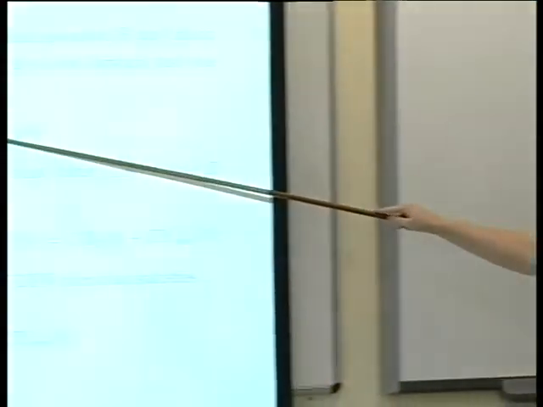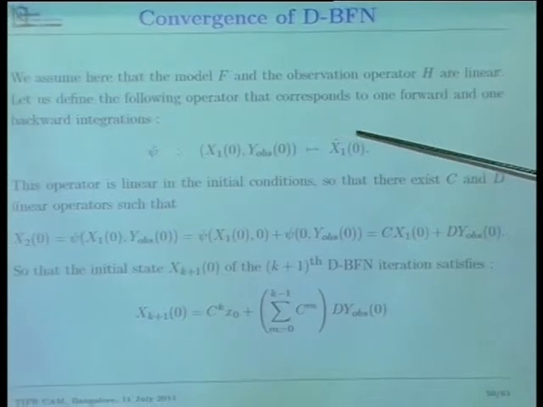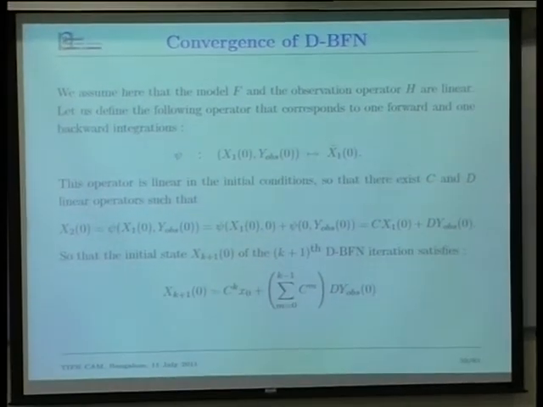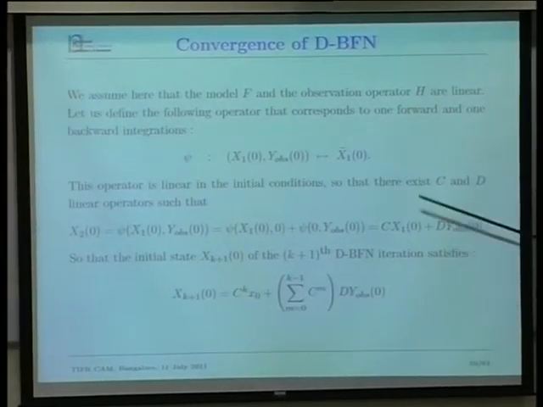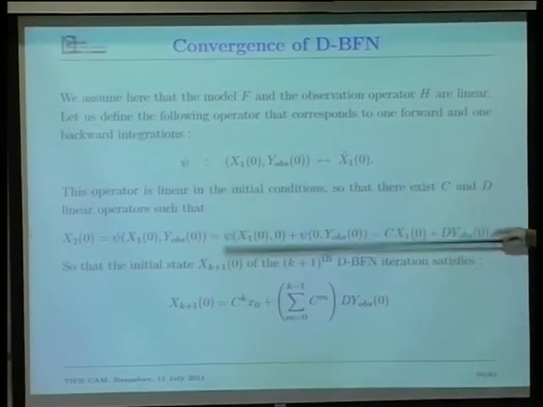So the idea is that from the initial condition of the nudging state, and also from the knowledge of the initial observation, assuming that the observations are a solution of the direct model, we can make one forward and one backward integration and get the new solution at the initial time. So we need to study this operator.